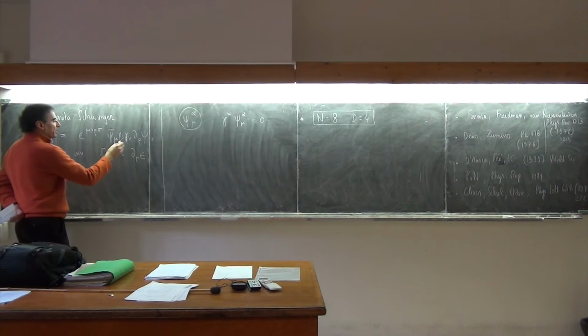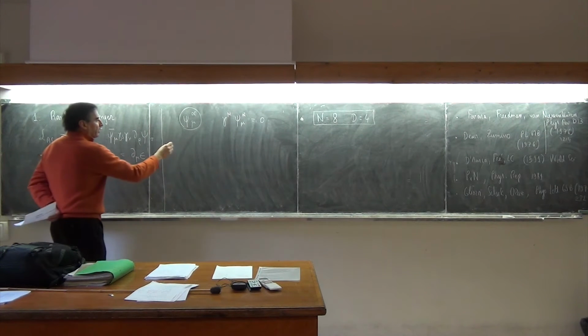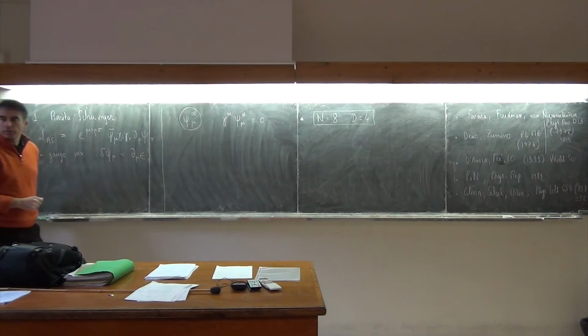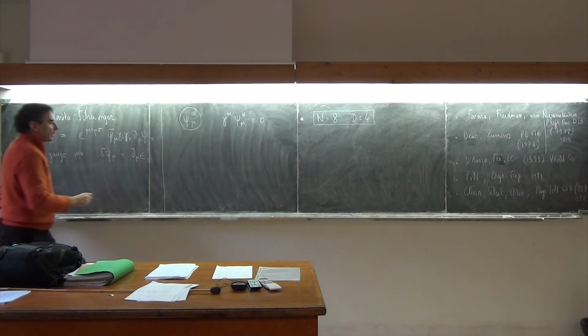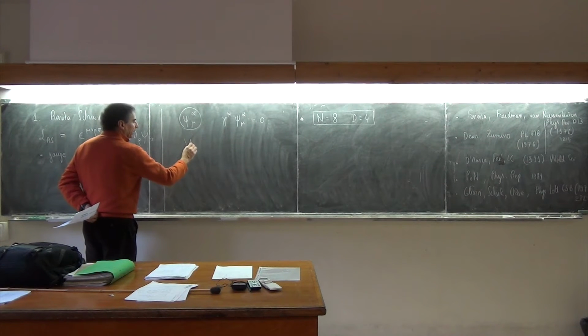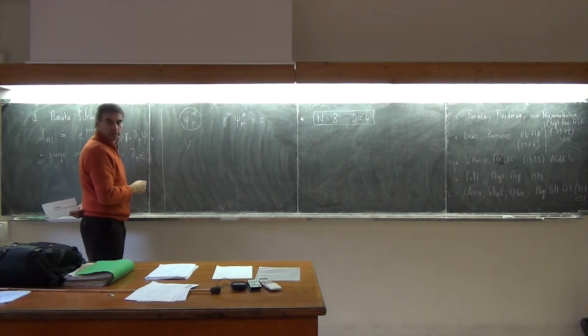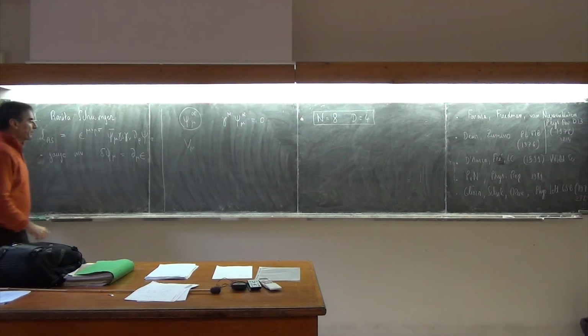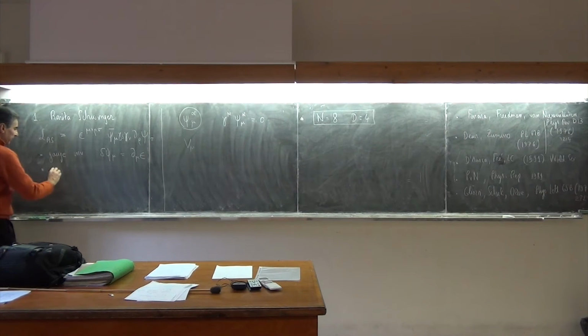You need also to impose a kind of reality condition on the gravitino to match degrees of freedom between the bosonic field that I will have later in gravity and this Fermi field. And this reality condition is called Majorana condition.